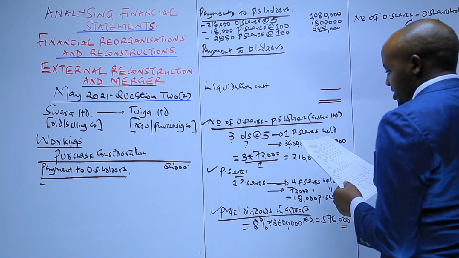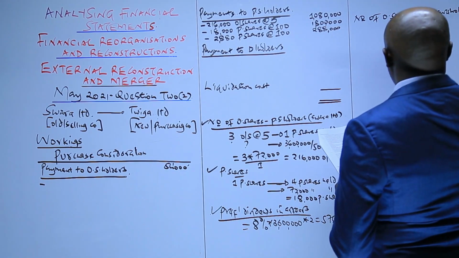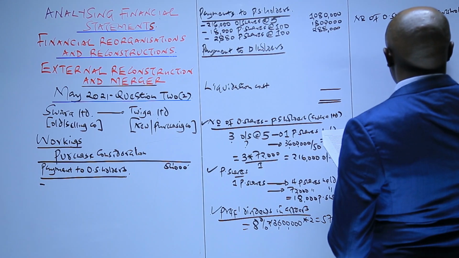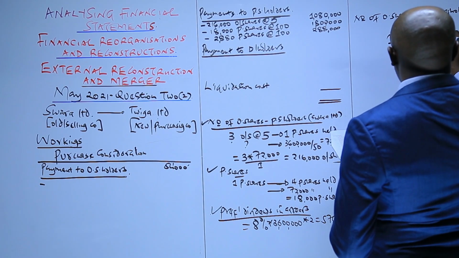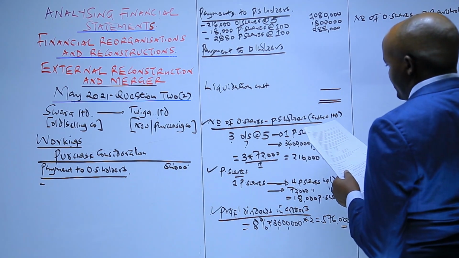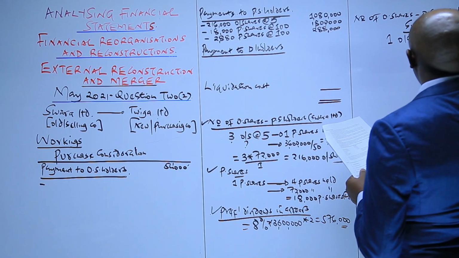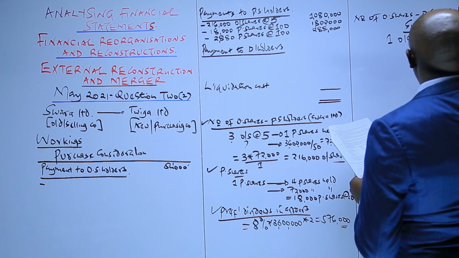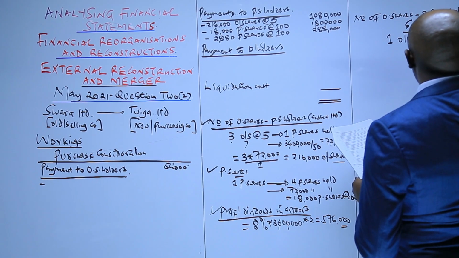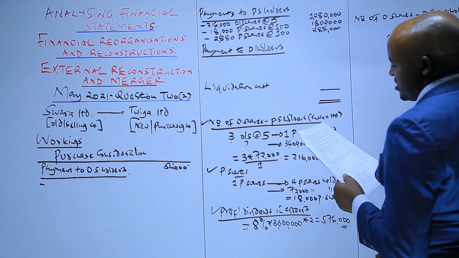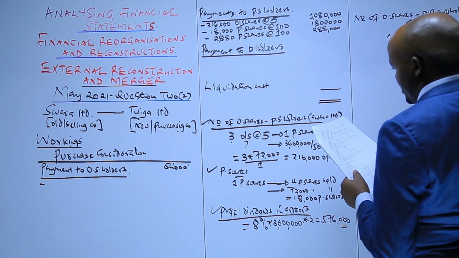And we are told that one ordinary share, which will be credited at 5, will be issued for every 2 ordinary shares which were held in Swara Limited.